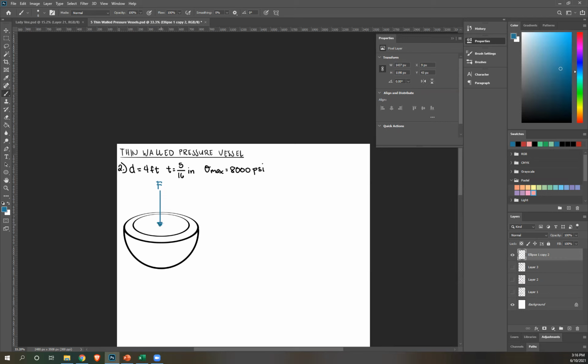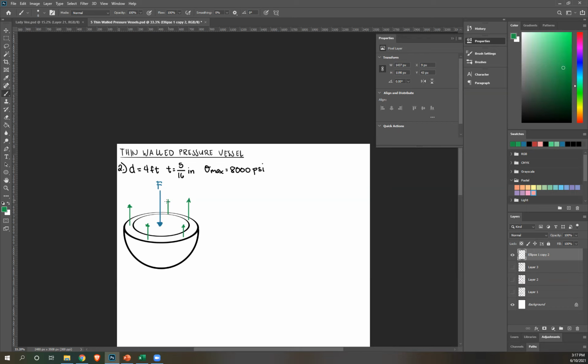And then this force will be repelled, or create a reaction on the actual vessel itself. So this is going to react. There are going to be reactions here for this force, to negate that force.